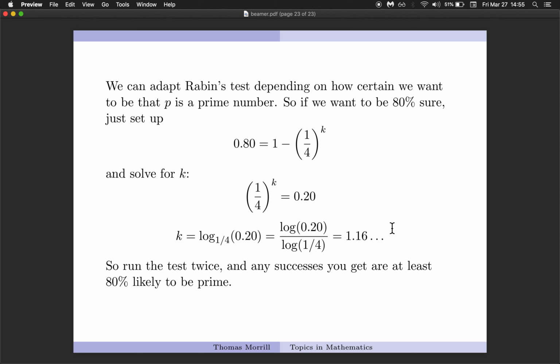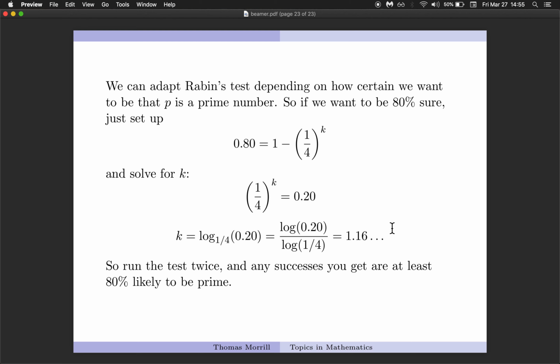I'm going to run Miller's test twice, and if I fail either of those tests, I know that my number is composite, and I'll have to pick some other number I want to test. If I pass 2 rounds of Miller's test, then I know I've got a 93% chance that the number I'm looking at is prime. That's a lot of information for not very much work.